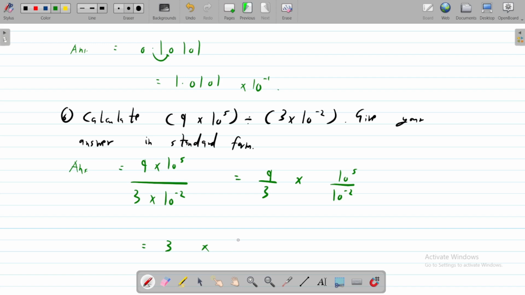That means I'll have 10 to the power of 5 minus 2, because the minus that we get in the middle from the division sign is separate to the one that we already have over here. So in the end, I'll have 3 times 10 to the power of 5 plus 2, that's going to be 7, and that will be my final answer. Does that make sense?